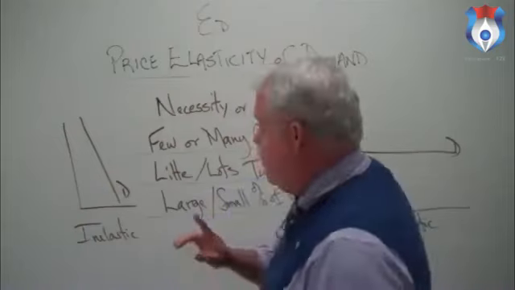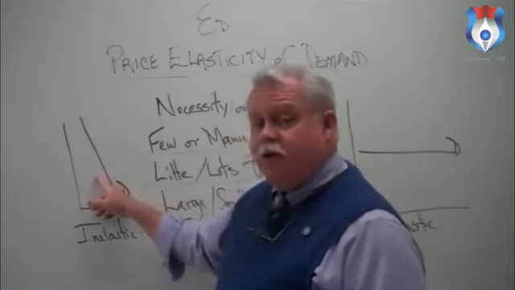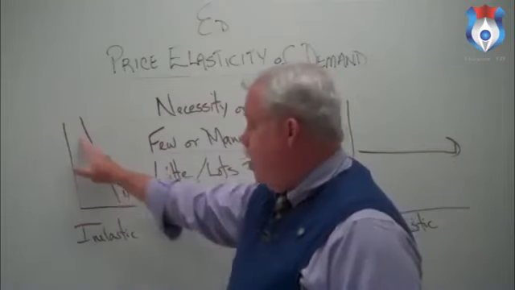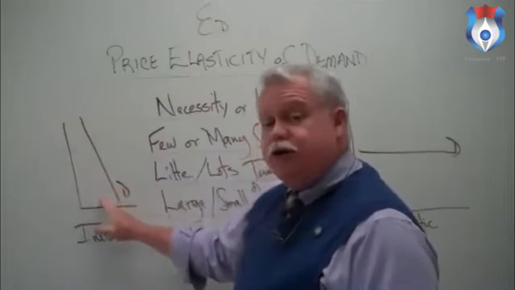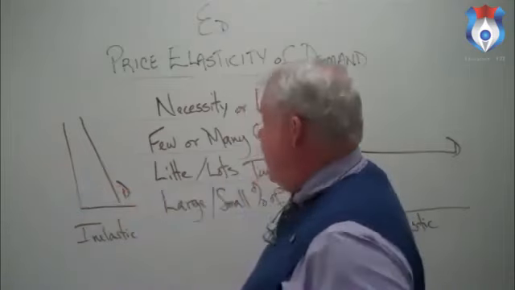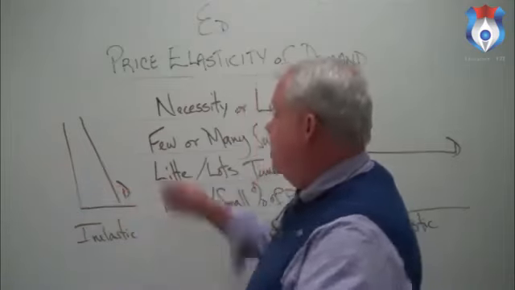Let's look at what that means. That means on the demand curve that even though the price may change quite a bit, the quantity people purchase changes very little. The price is not terribly important when you have a necessity at issue.